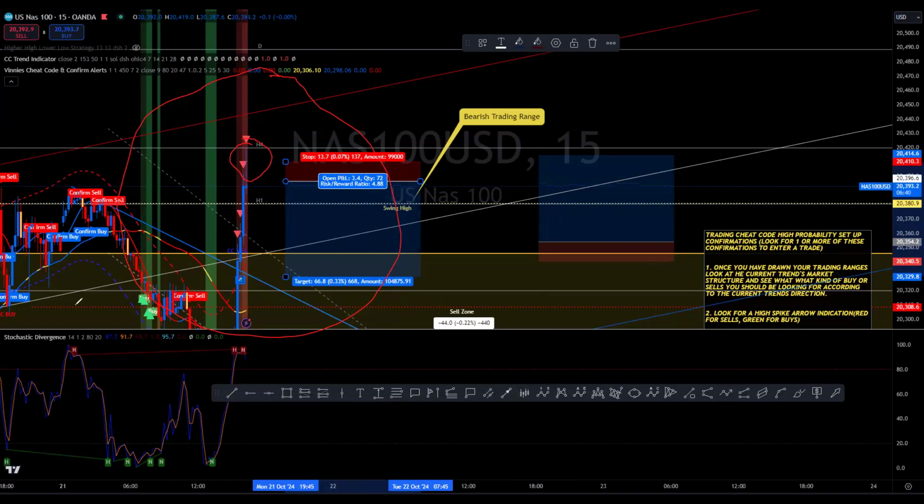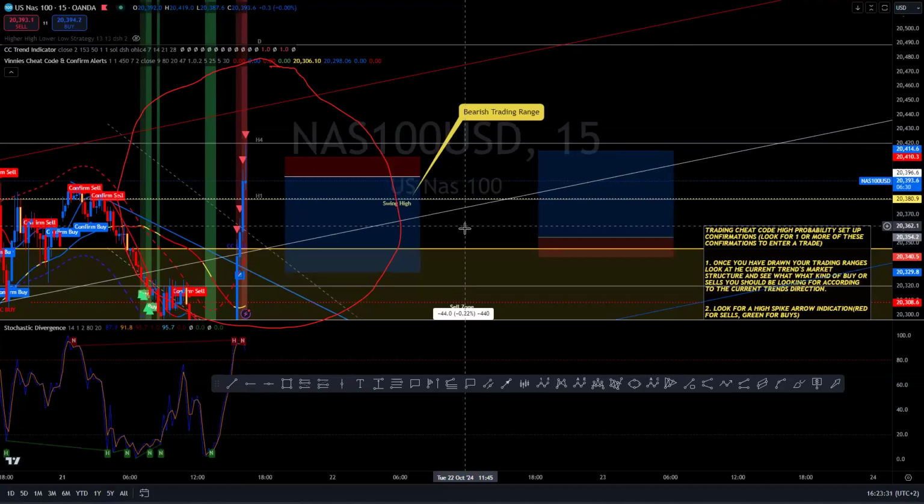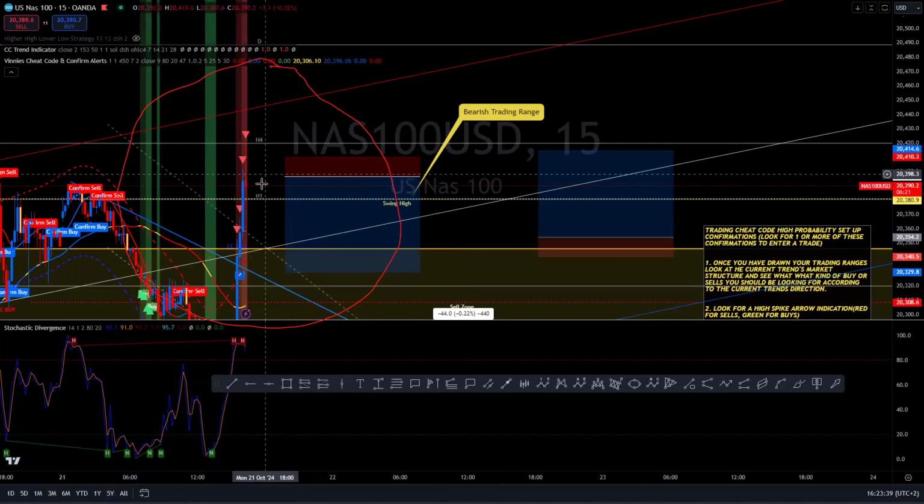But that's what I'm going to the next pending. You want to keep spiking along. If we get a confirmation sell and it's getting that.